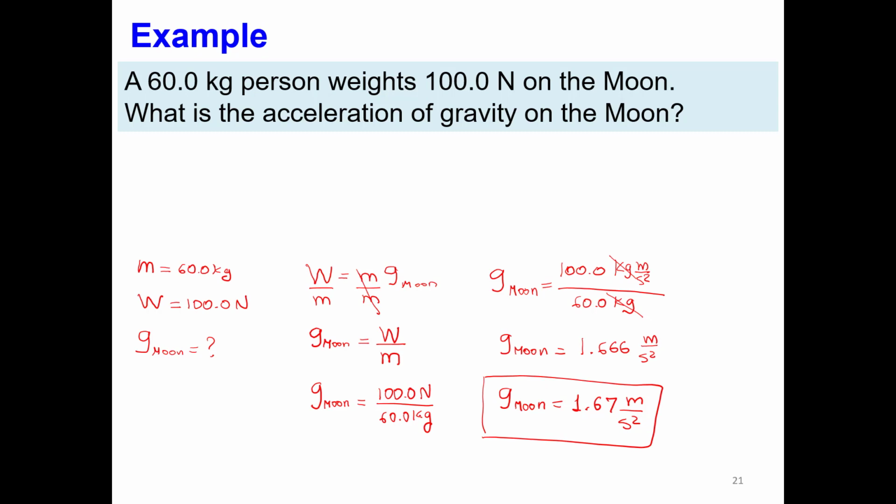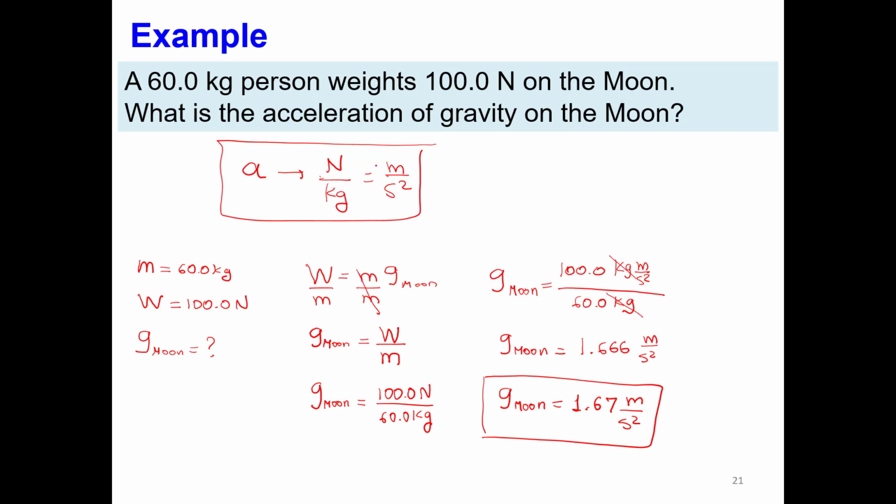Here I want to mention that using Newton over kilograms, I will write here this one, these are units of acceleration. We are not really familiar with these units. We don't use them much. But this is the same as meters per second squared. Both are units of acceleration.